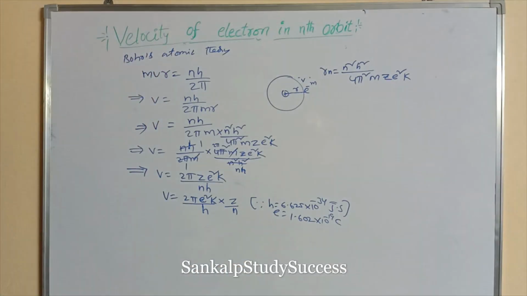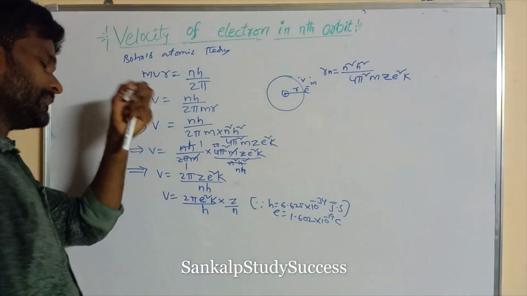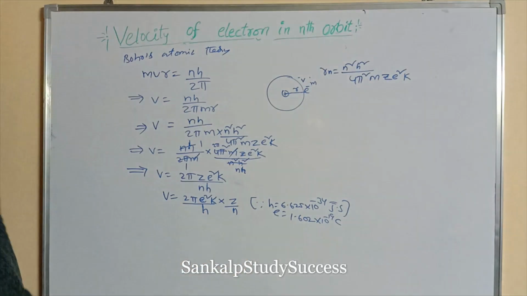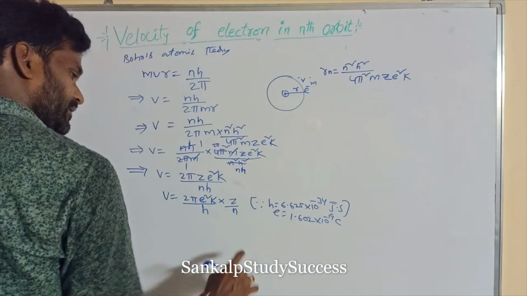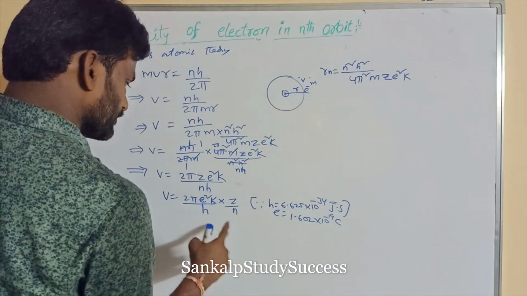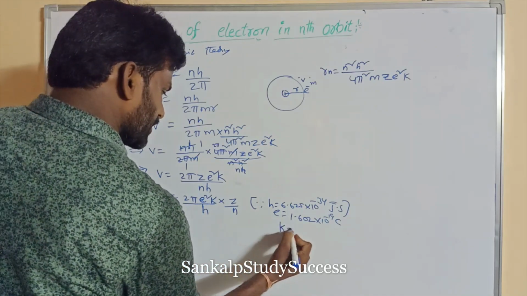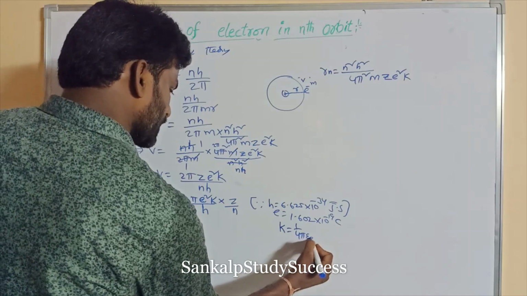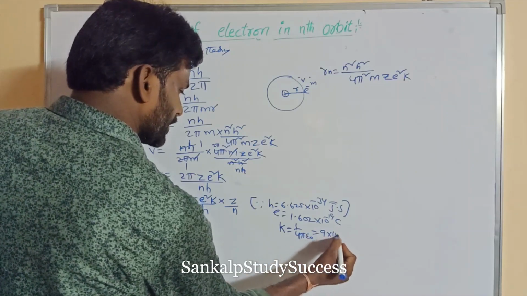So in the previous video, those values were taken in CGS, but here the values are taken in MKS. Okay, no problem. And k value, k is the constant, k is equal to 1 by 4 pi epsilon naught. Its value is 9 into 10 to the power of 9.